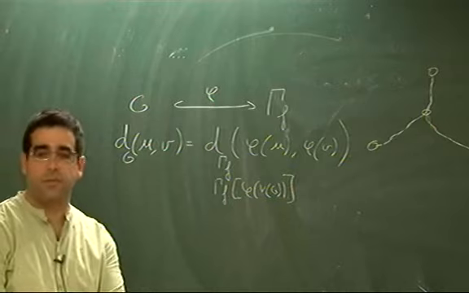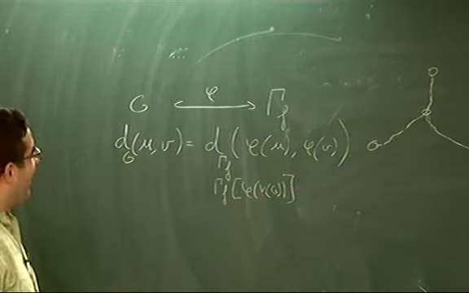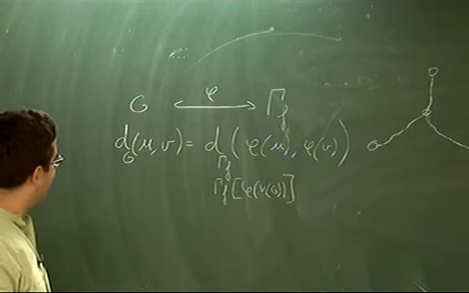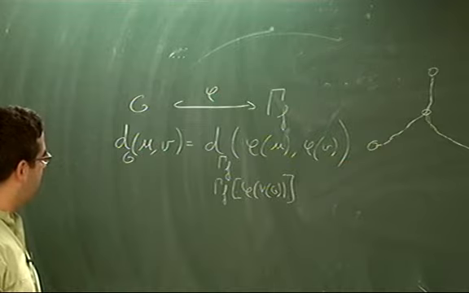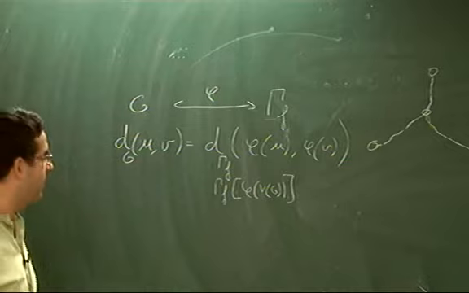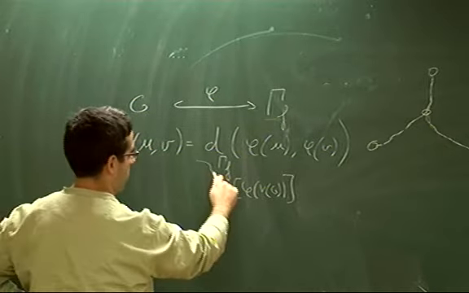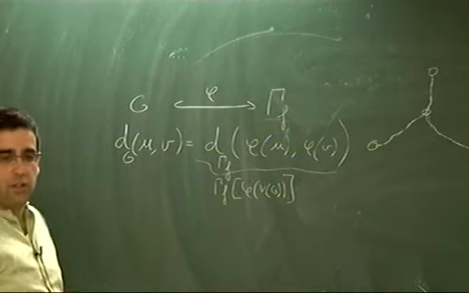That's the question. I'm not from this field, but since you said isometric embedding, you should look at the ambient space, probably. So you should look here, probably. Which means that what I'm telling is not precise.